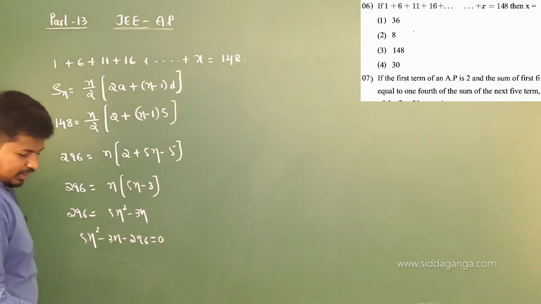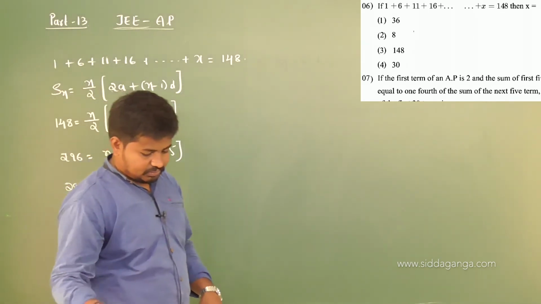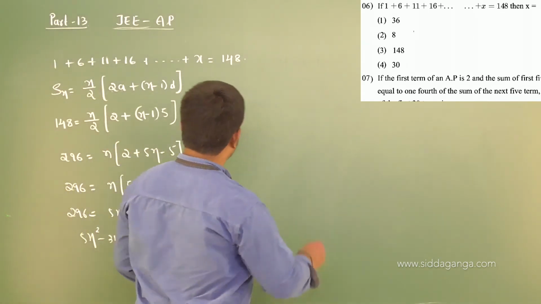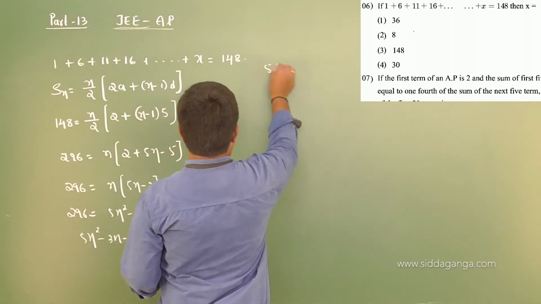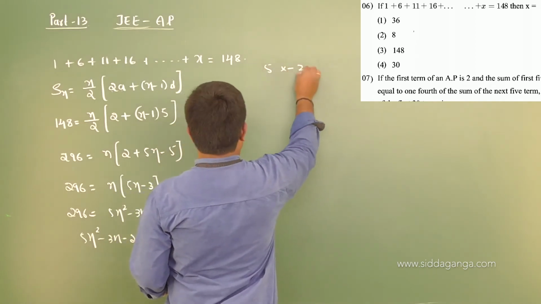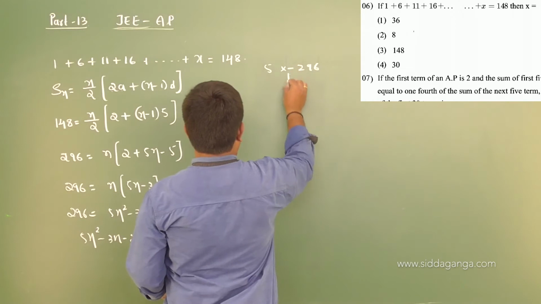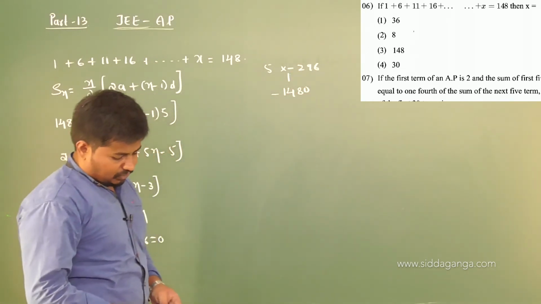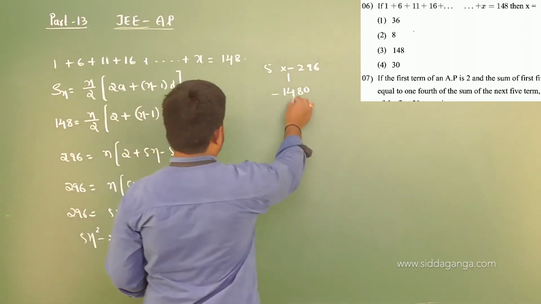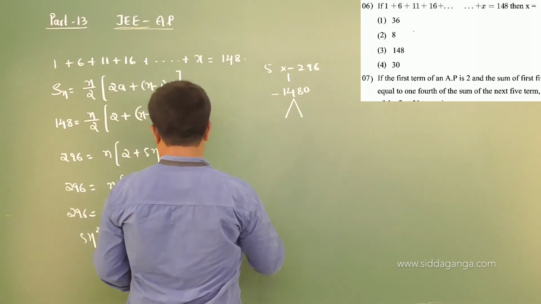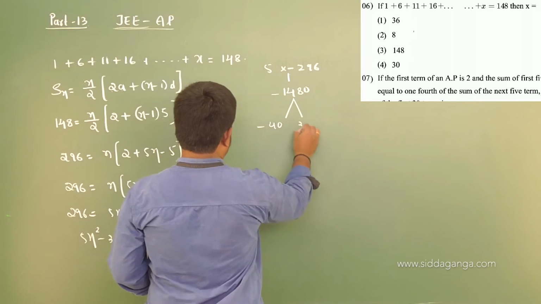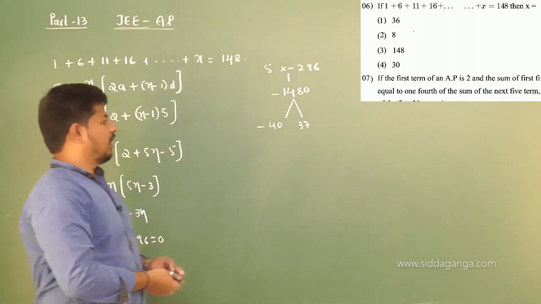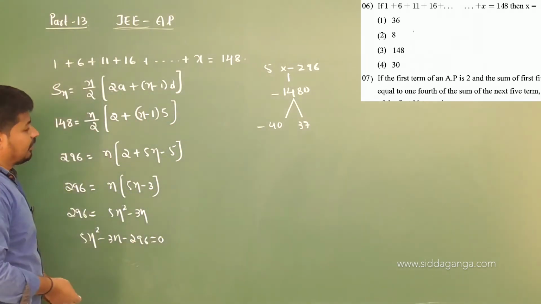Now let me factorise this. 5 into minus 296 gives minus 1480. This is equal to minus 40 into 37, which gives minus 3.